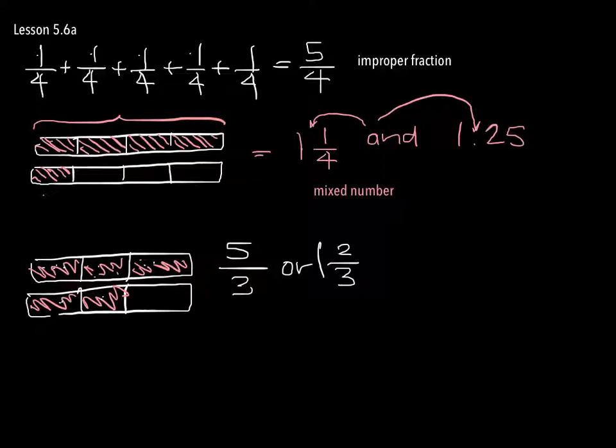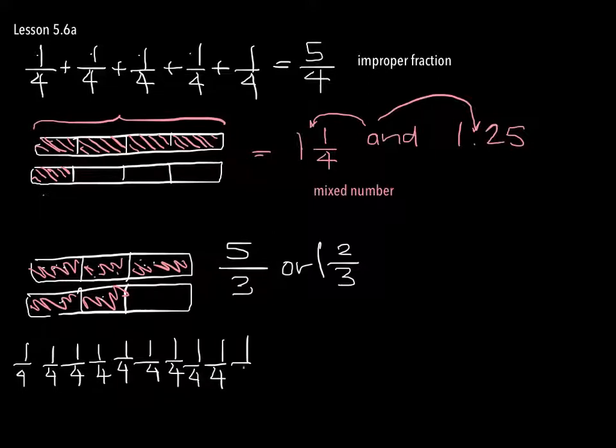Let's look at this one here. 1/4, 1/4, 1/4, 1/4, and so on. That's a lot of 1/4s. 1, 2, 3, 4, 5, 6, 7. Now, when we look at this as an improper fraction, we know our language is fourths.